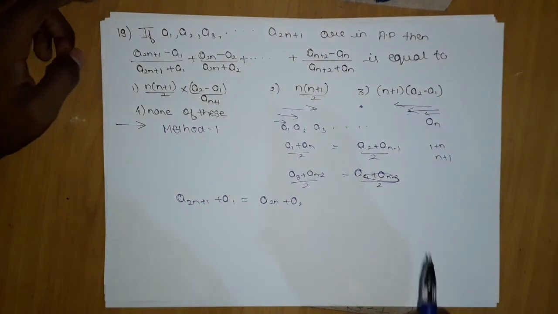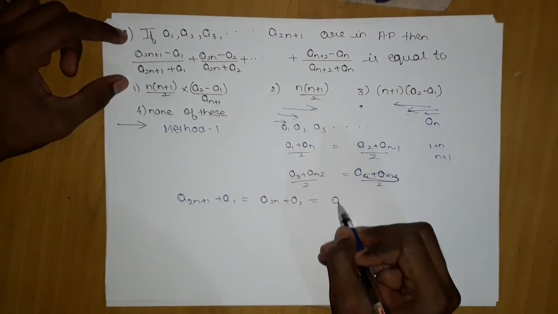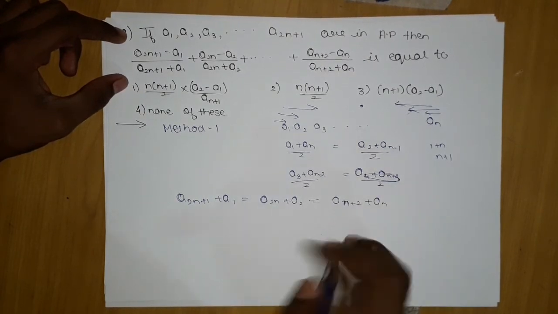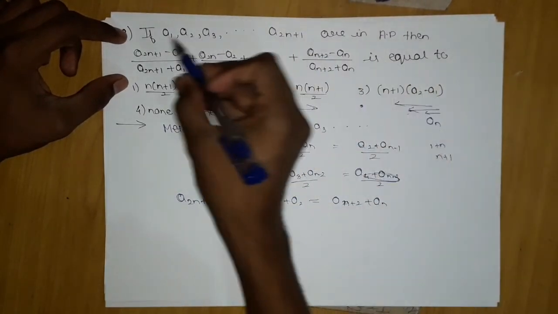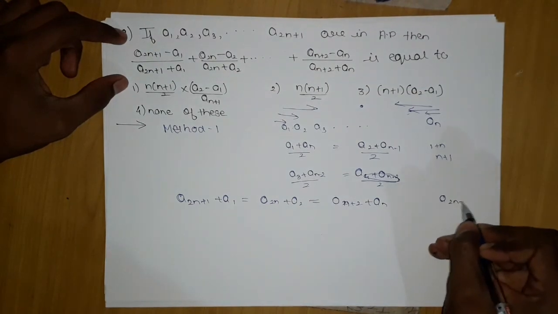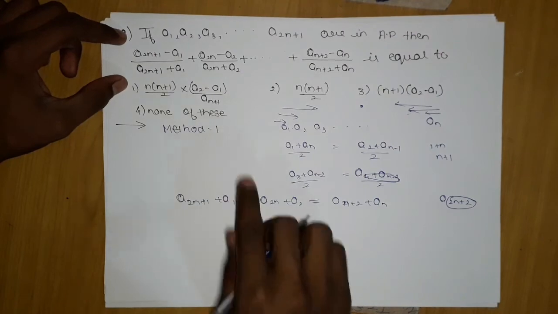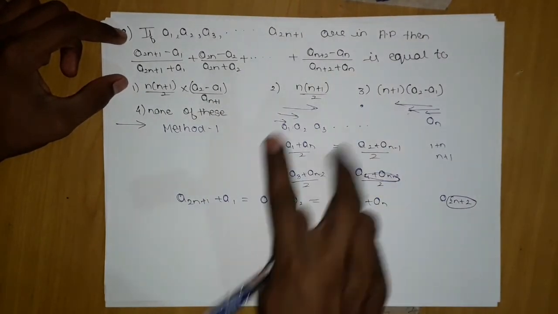That is the property we have discussed, and it continues until an+2 + an. Here, since there are a total of 2n+1 terms, the subscripts should add up to 2n+2. On adding these we are getting 2n+2 each time, so they all are equal.